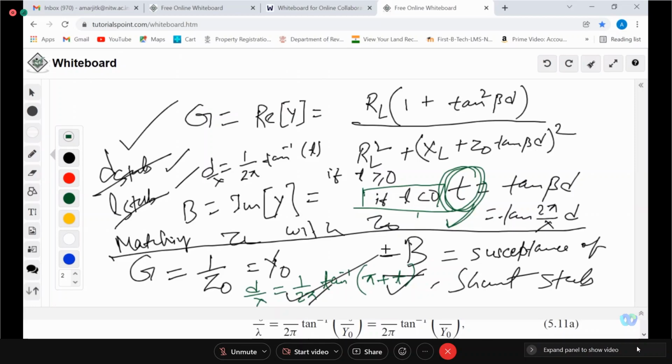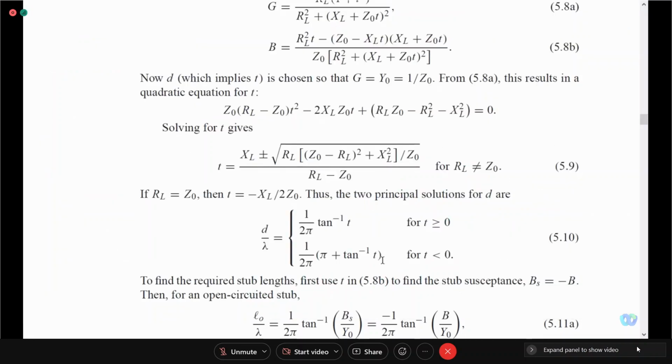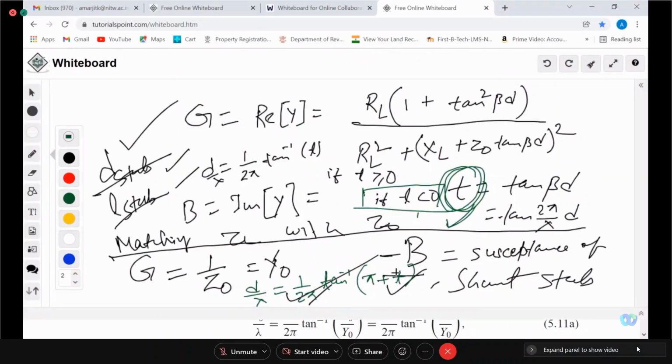So from here basically we can calculate, why asking you, pi plus tan inverse. It is not correct. It will be basically pi plus tan inverse t. You have to add pi, 1 upon 2 pi, pi plus tan inverse t. So how is this happening?